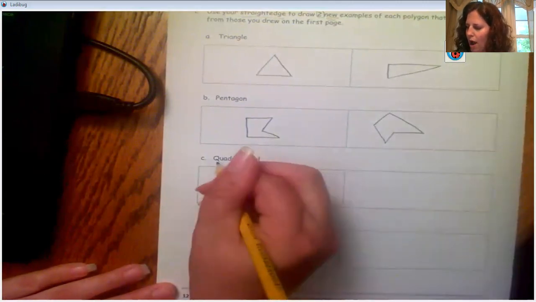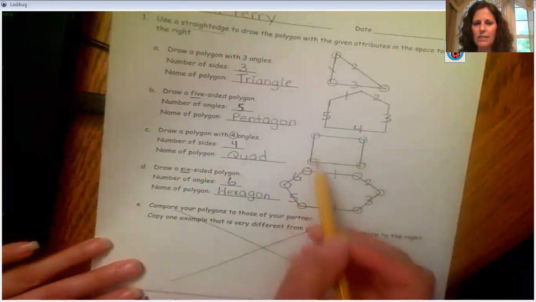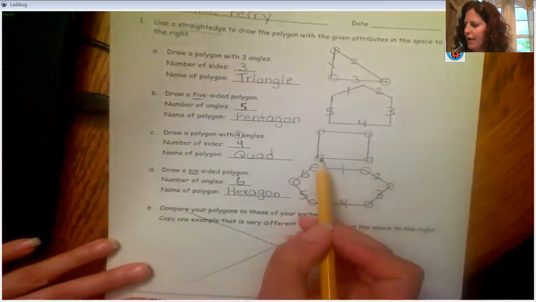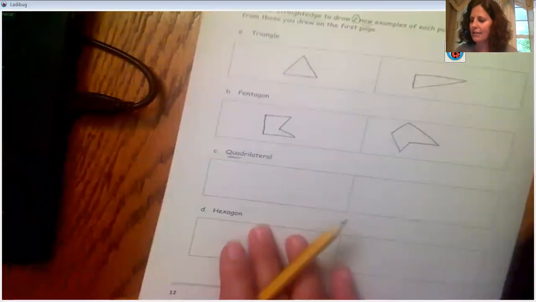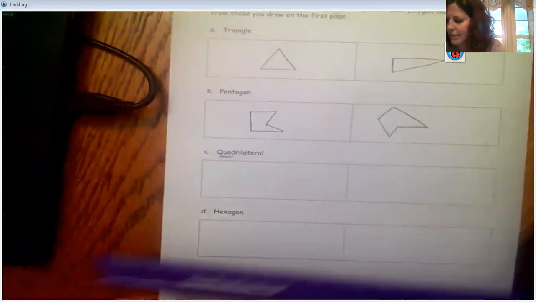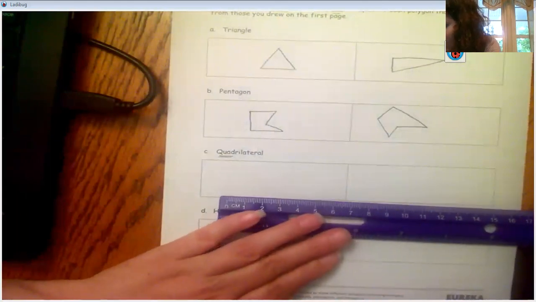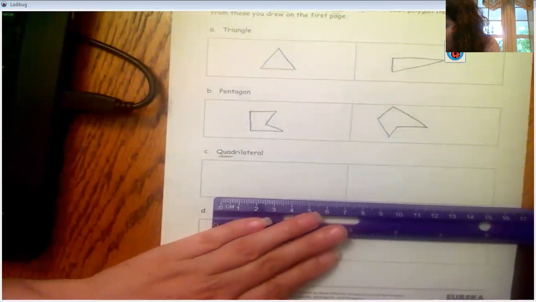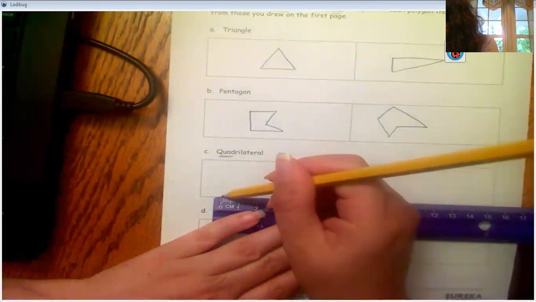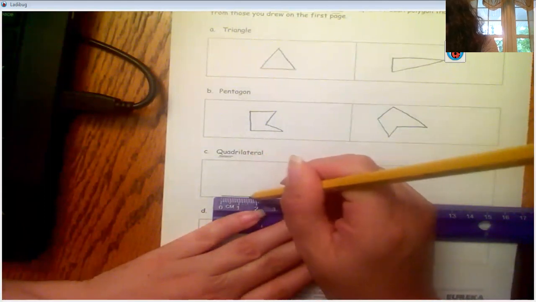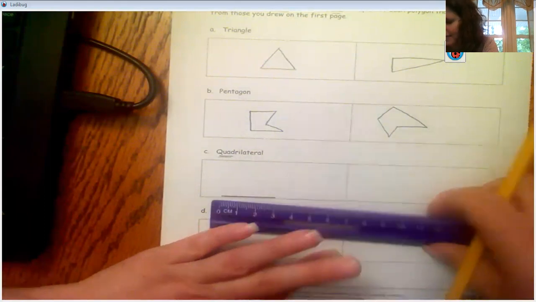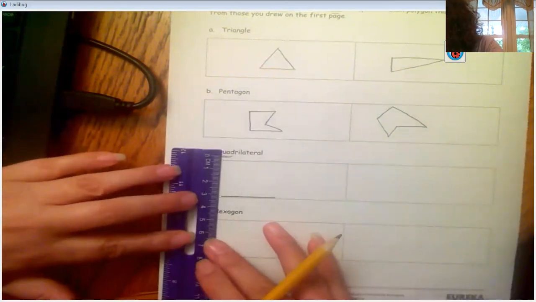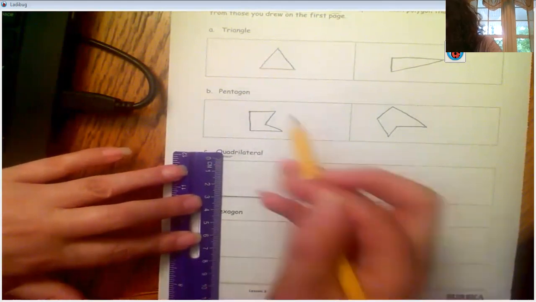Quadrilateral, we know quad means 4. So on this side, I had at first decided I wanted to try to do a square, but I wasn't able to fit 4 sides that were exactly the same length. So since I have more space here, I'm going to go ahead and do that. So I think I'm going to use my ruler and measure. There's exactly 3 centimeters. So then I could line up the 3 centimeter mark.